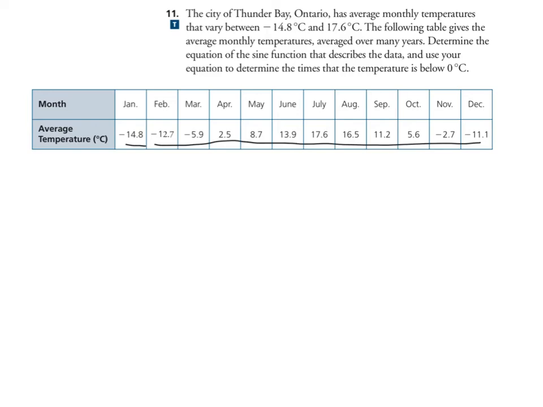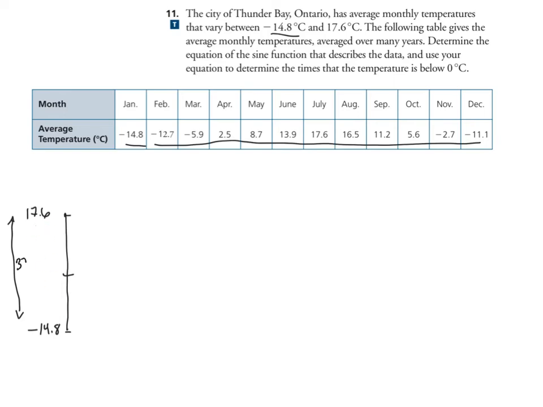Looks like the lowest temperature, negative 14.8, they told us that. Negative 14.8 is our lowest. Our highest temperature is at 17.6. All right, so halfway in between them, well, let's see what the distance is between them. So 17.6 and 14.8 is what, 32.4?